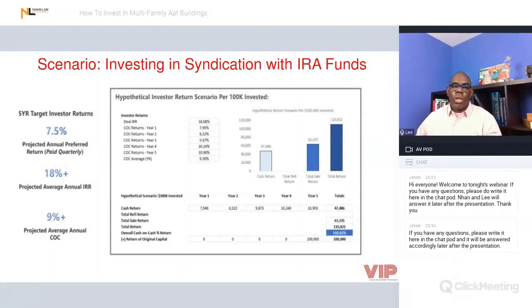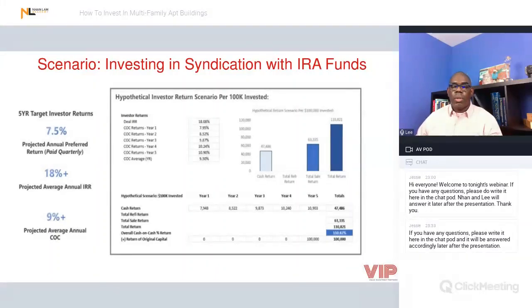The next one you're going to be looking out for is your annual IRR, and the minimum that we have for that is 18%. The difference from your cash on cash, which is annual, is that IRR can stretch out over several years, and that's typically how you're going to judge a multifamily investment.